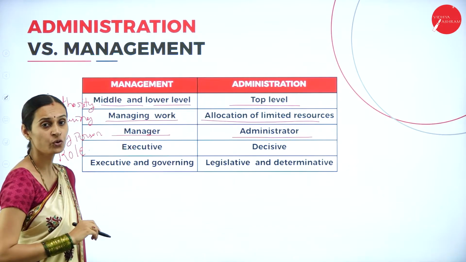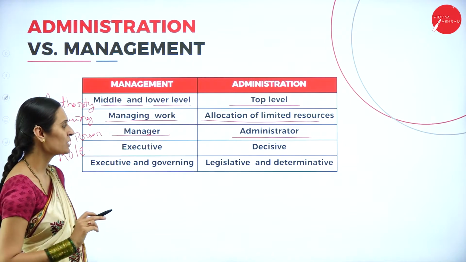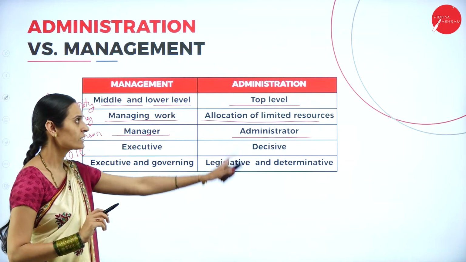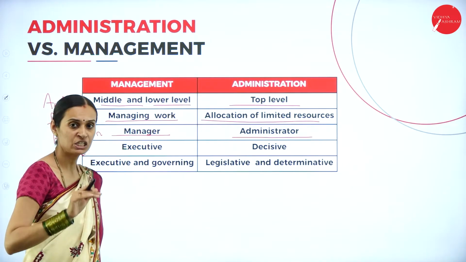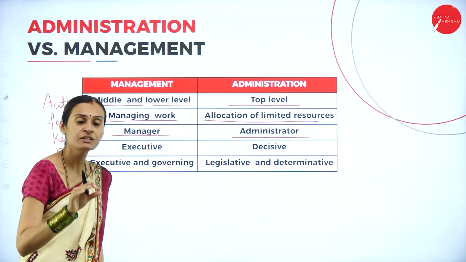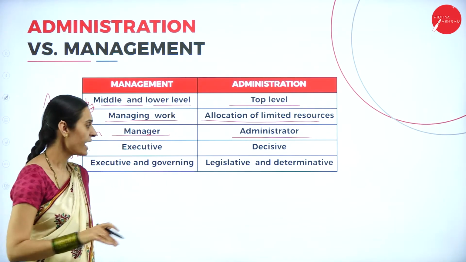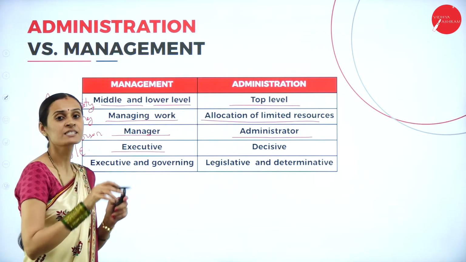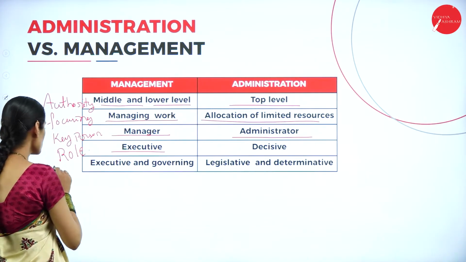On the basis of role, management plays an executive role and administration plays a decisive role. Administration, which works at the top level of management, takes decisions regarding all things. And after the decision is taken, it is executed by the management. And next one, on the basis of function.